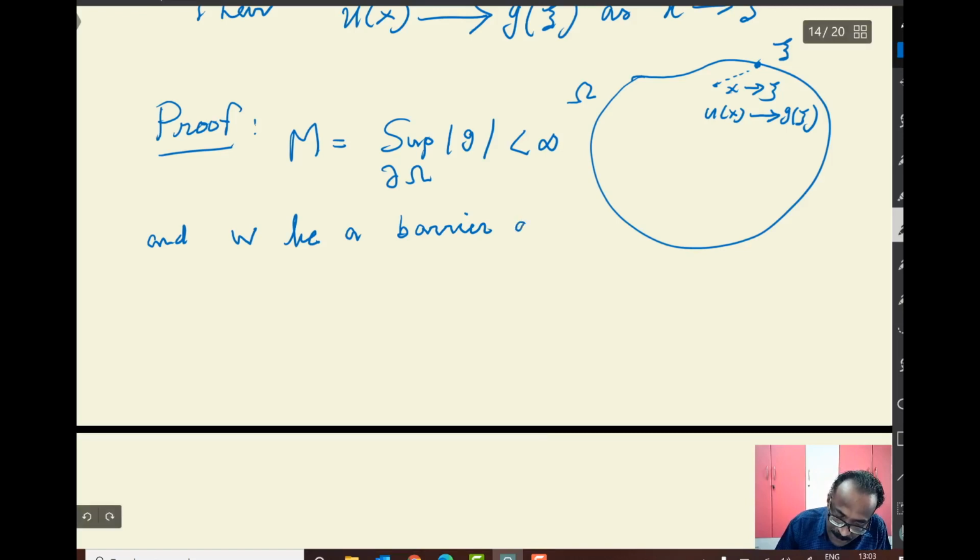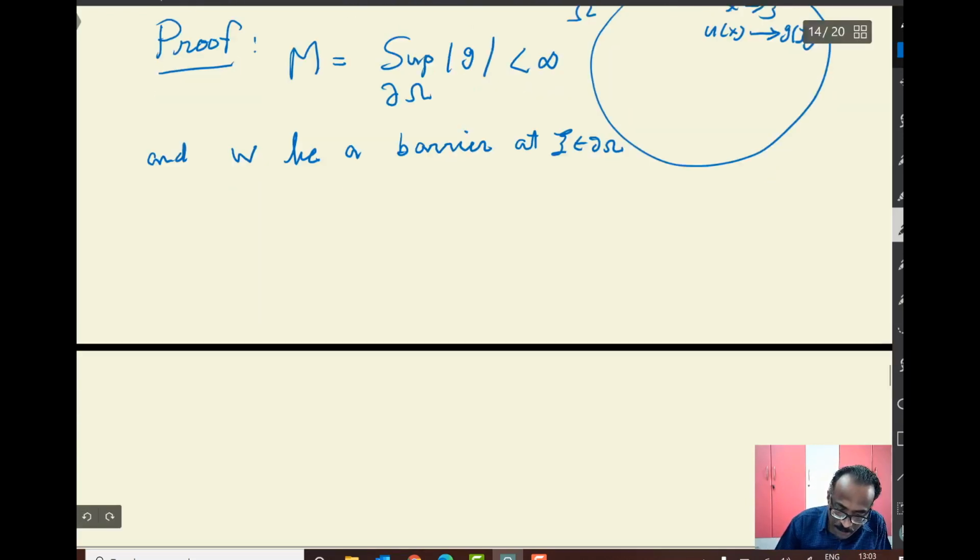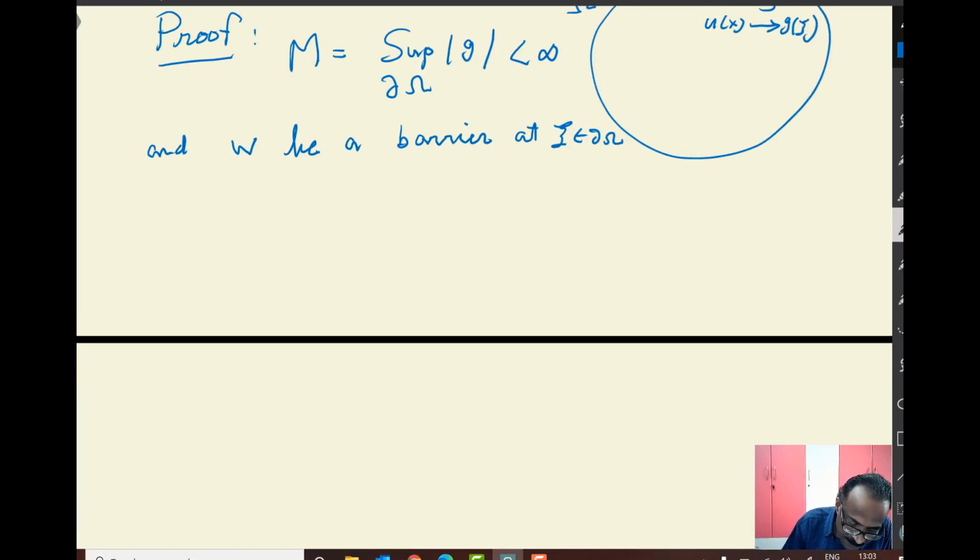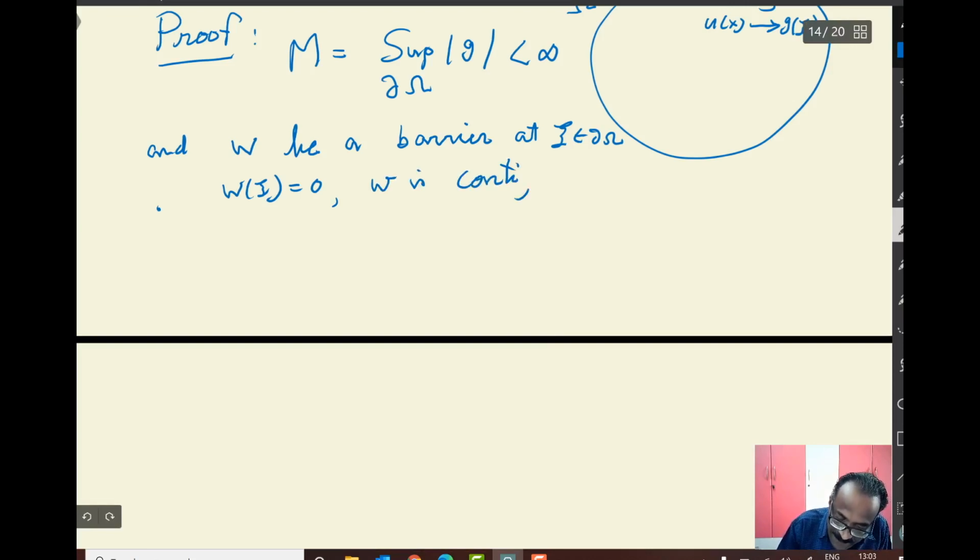Barrier at psi, psi in the boundary of omega. So to prove that, you know that W of psi equals 0, and that g and W are continuous at psi.